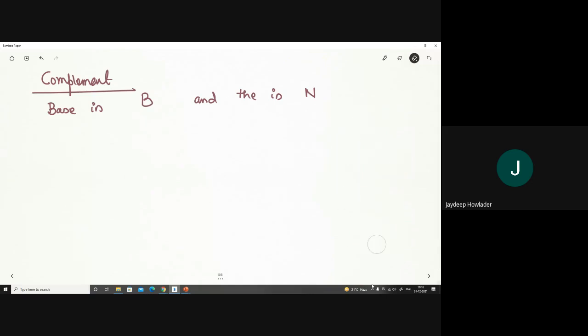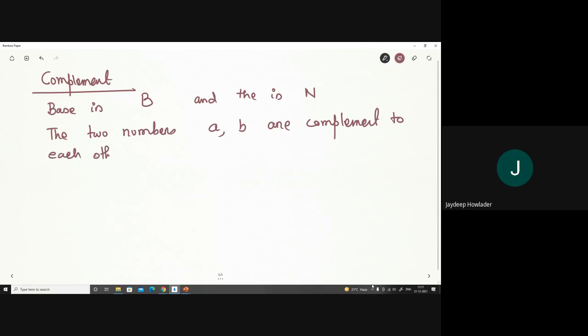If the size is n, then we say that two numbers, let A and B, are complements of each other if they add up to base to the power n.